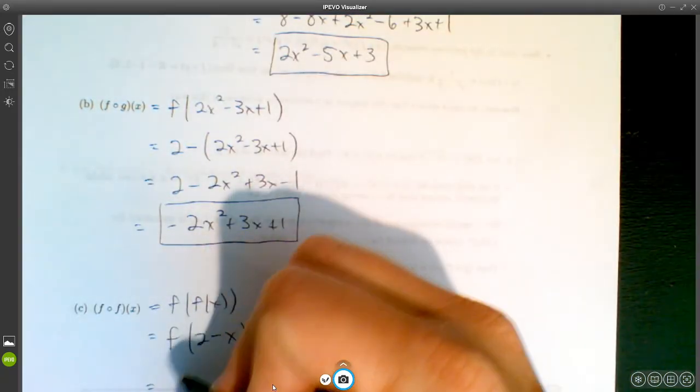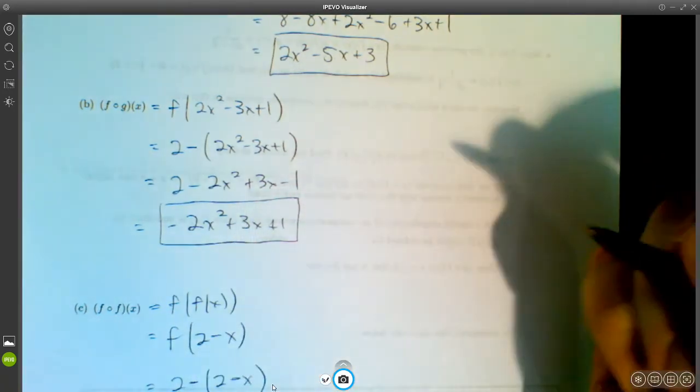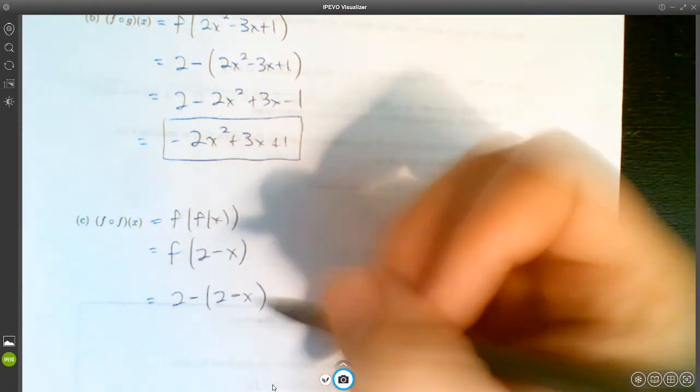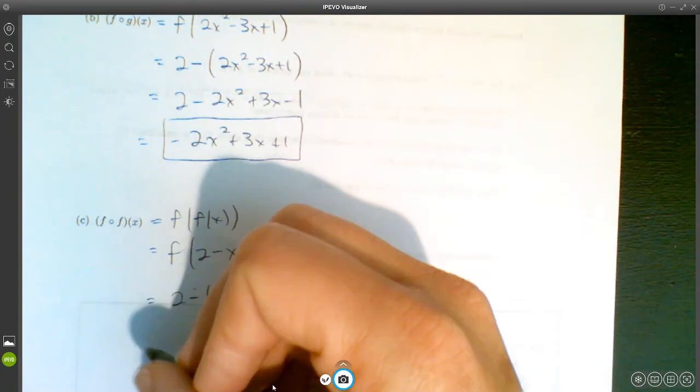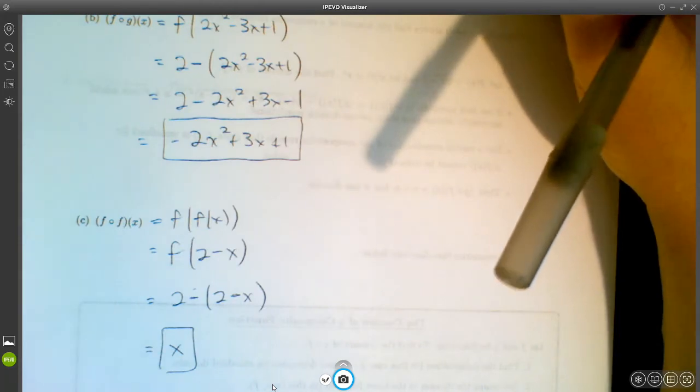So we're going to do 2 minus (2 minus x). 2 minus 2 is 0. Negative times negative x is a positive x. So this is just x. That's kind of an interesting thing.